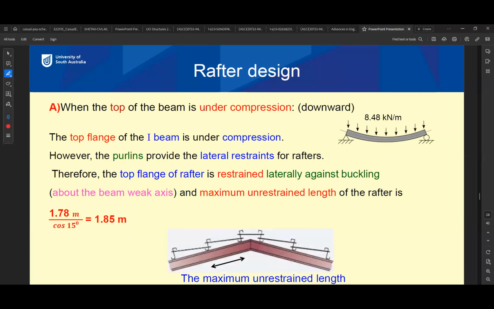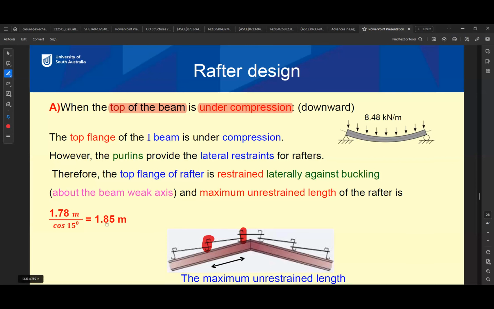That's why we are looking at the top of the beam, or the top flange. So the unrestrained length for a roof beam is the distance between the purlins, because the purlins are supporting the top flange. But if there is no purlin, it will be the whole span.